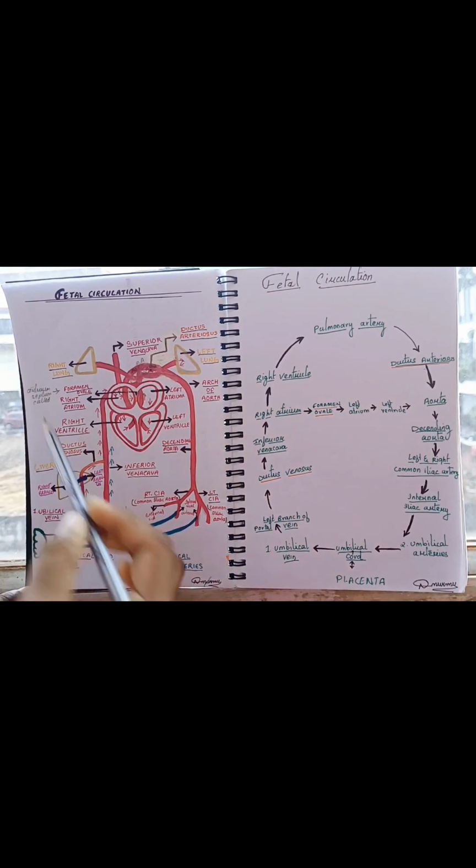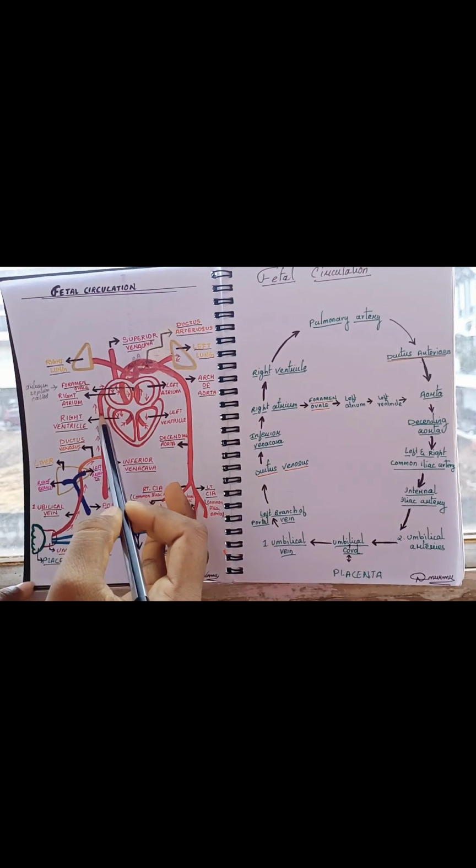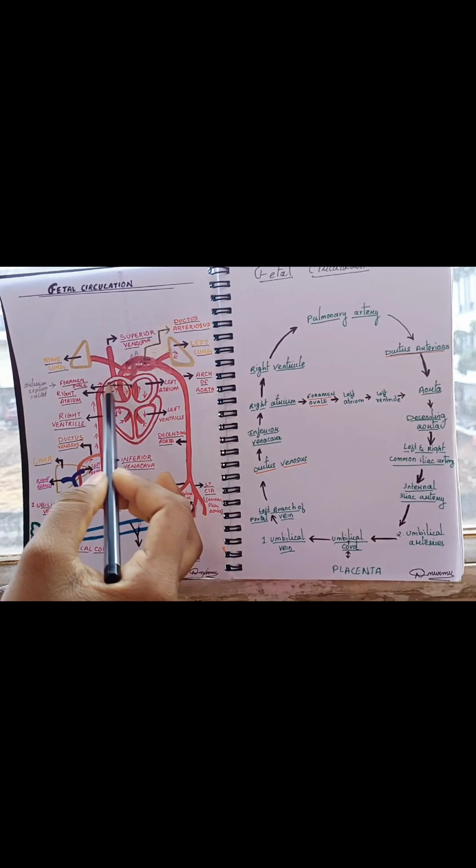So the oxygenated and deoxygenated blood get mixed here, but mostly oxygenated blood is present. After mixing, it travels through the inferior vena cava and reaches the right atrium. The superior vena cava is bringing blood from the upper part of the body. So from the inferior vena cava and superior vena cava, the blood is draining into the right atrium.